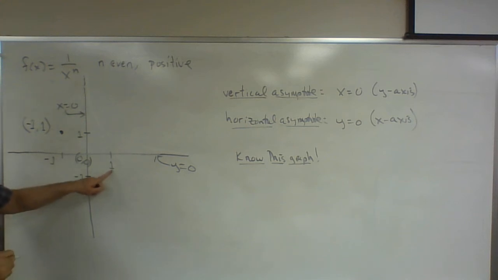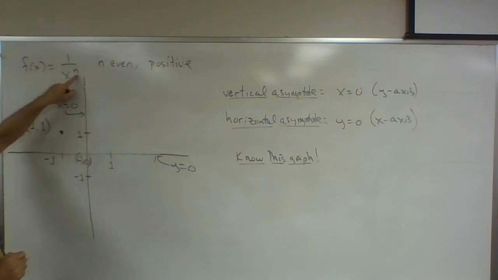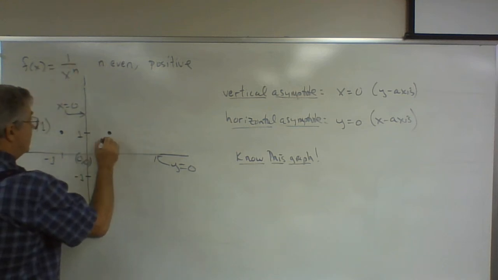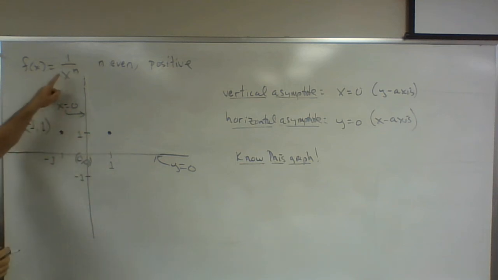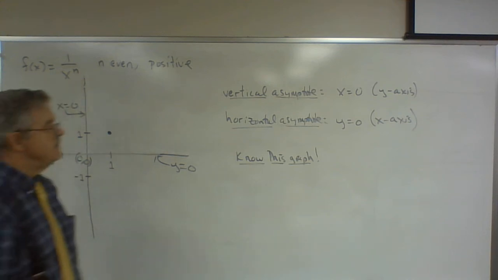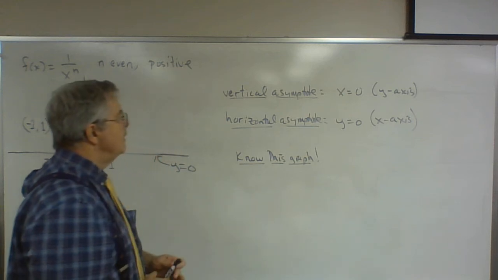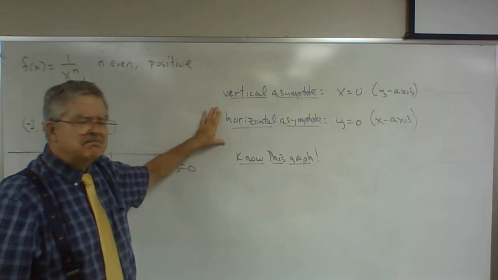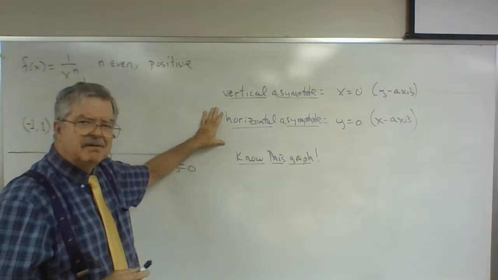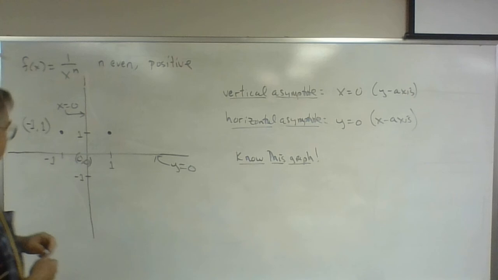And when x is 1, we have 1 over 1 to the n power, so that's 1 over 1. When x is 1, f of x is 1. And when x is 0, oops, we have undefined. So 0 is not in the domain. I should have erased this from before, but I think I'll keep it. I think things are going to look similar.